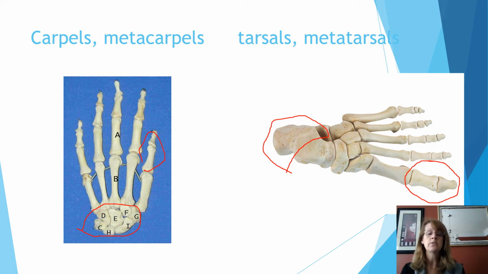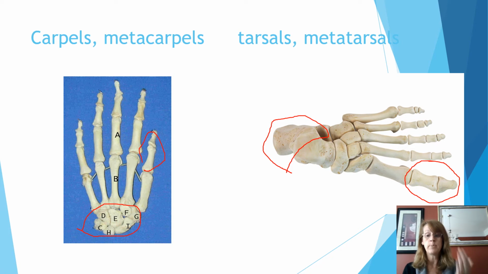The bones of your wrist are your carpals, the bones of your ankles are your tarsals, 8 and 7. The bones of your hand are your metacarpals, you have 5. The bones of your feet are your metatarsals, you have 5. And then the bones of your digits, your fingers, your toes, your hallux and your pollex, are your phalanges, and you have 14 per hand and 14 per foot.